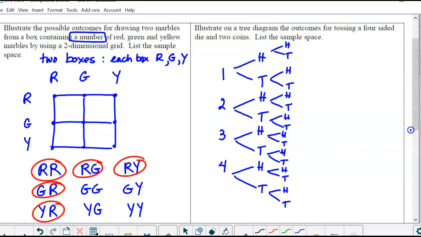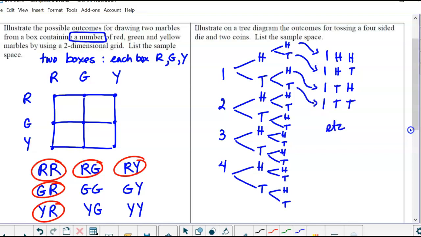Okay, now listing them, we have to write them out. I'm not going to write all of them out. Basically, you go through each branch: 1 H H, 1 H T, 1 T H, 1 T T, etc. So in total, how many possibilities?